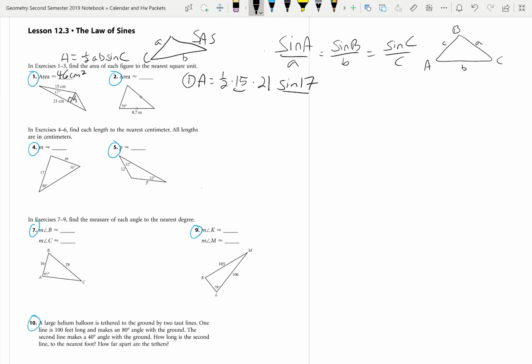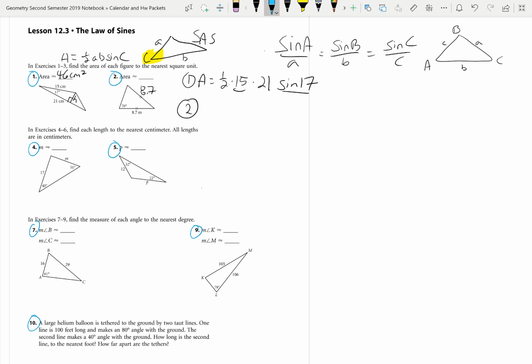Okay, number 2, it's an isosceles triangle, making this 8.7. Now you might think that the area would be 8.7 times 8.7 times sine 70. But no, it does not work, because angle C has to be in between the two sides.